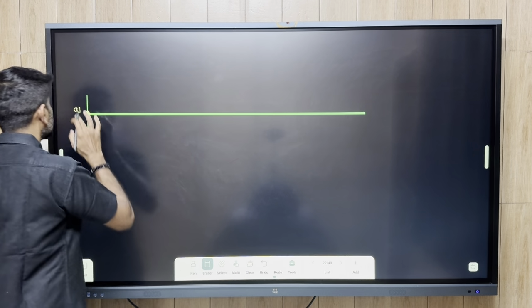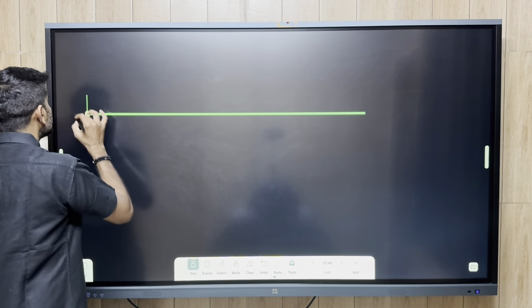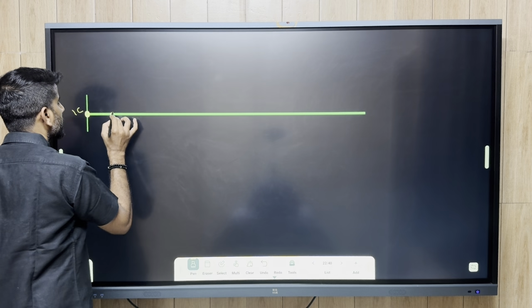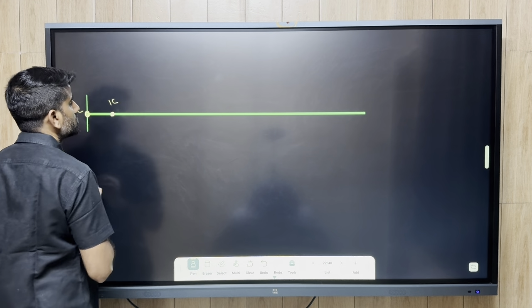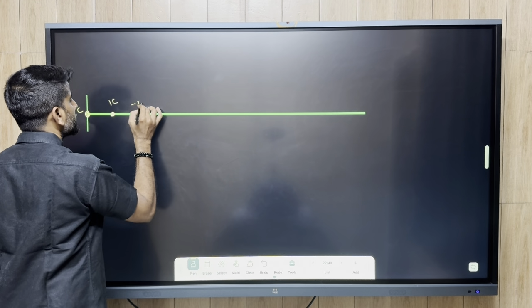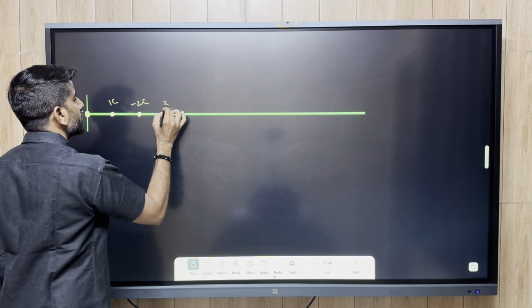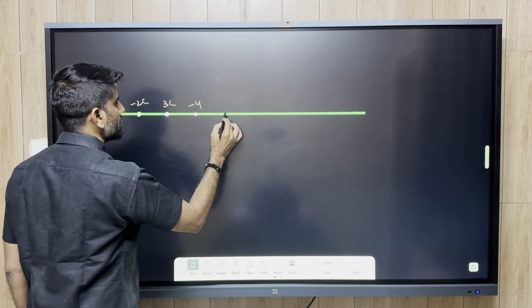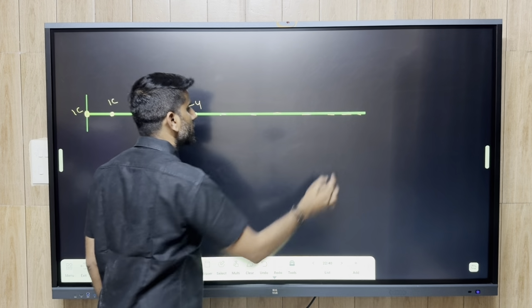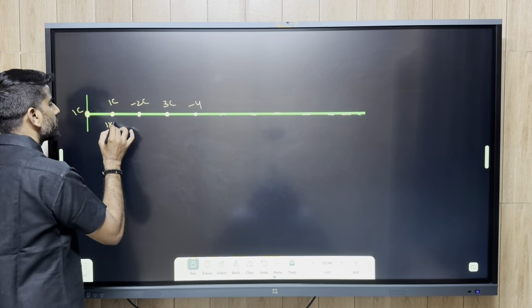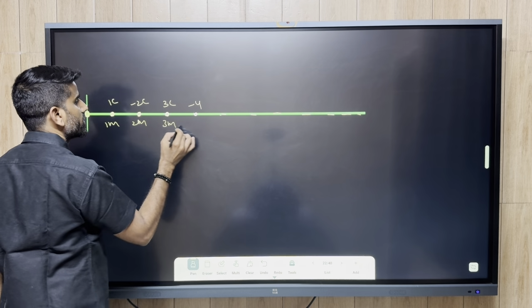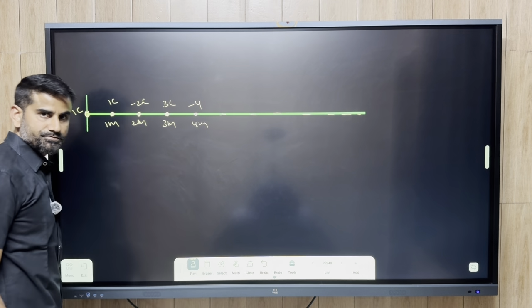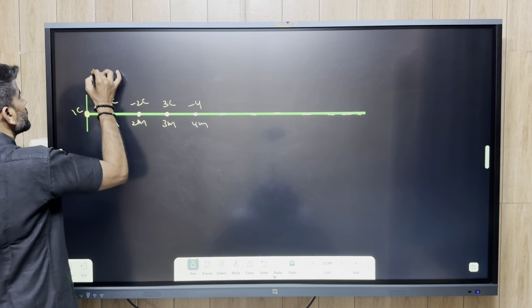Charge 1 Coulomb, and here I have 1 Coulomb. Here I have minus 2 coulombs, 3 coulombs, minus 4 coulombs, and so on. It is at 1 meter, 2 meter, 3 meter, 4 meter, and so on.